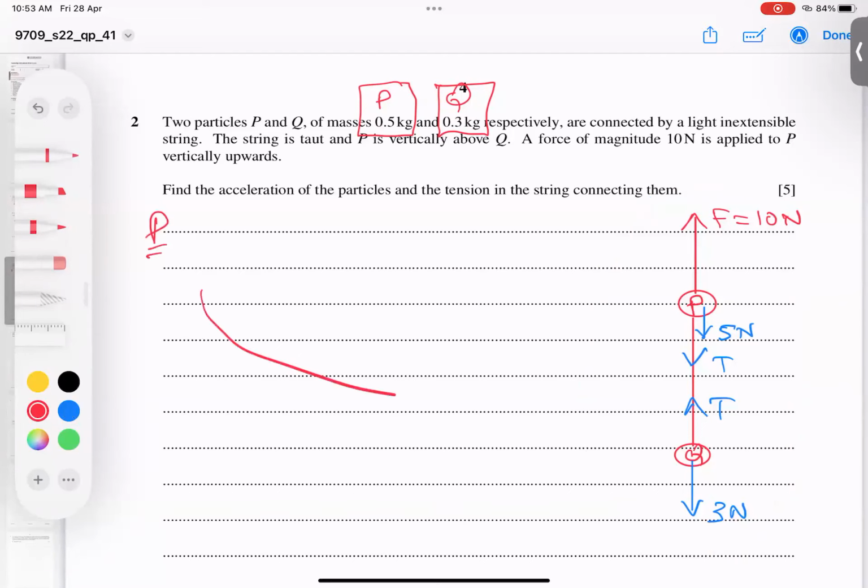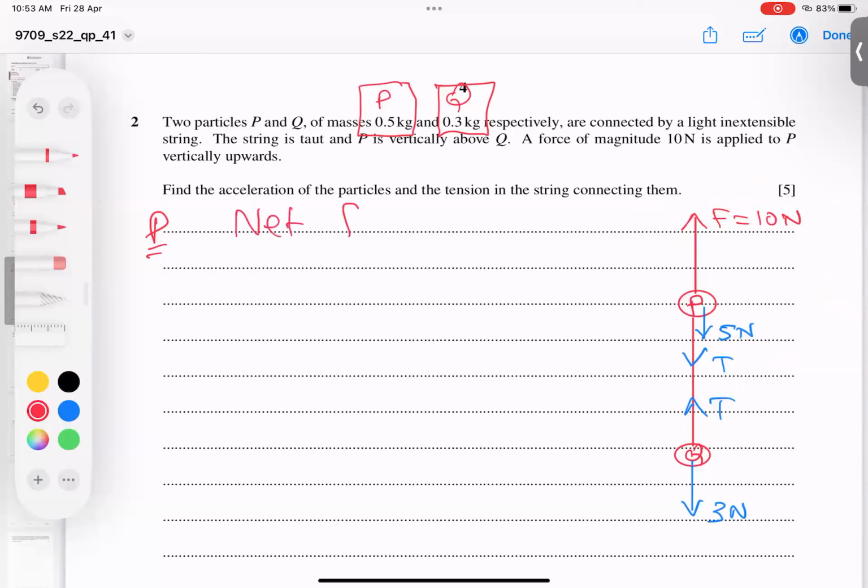How many forces are acting on the P particle? Let's count. The forces acting on P are these 1, 2, 3. Don't count this force. Reason: these two forces act on the Q particle, because this arrow is generated from this side and this arrow is generated from the P side. So these 3 forces are acting on P. So what is the formula?